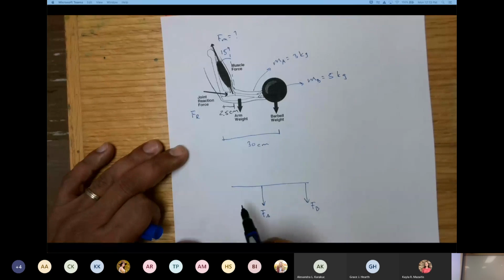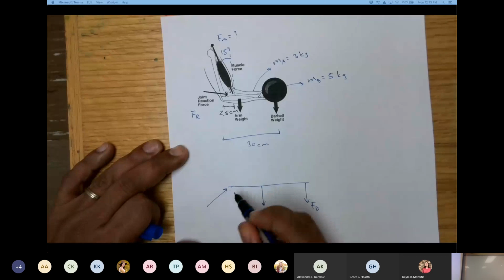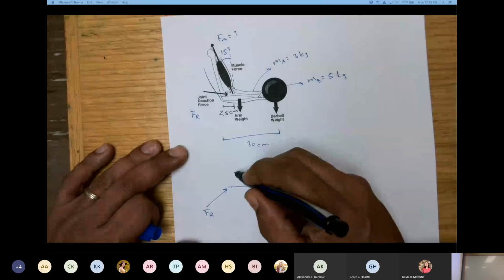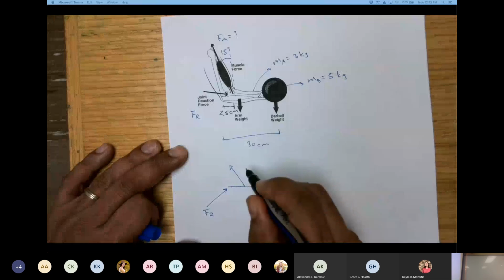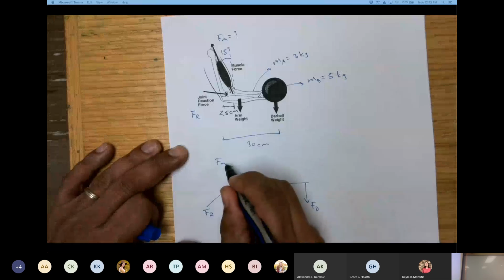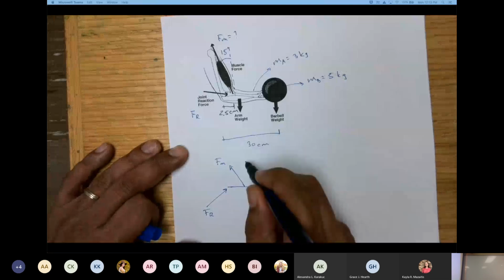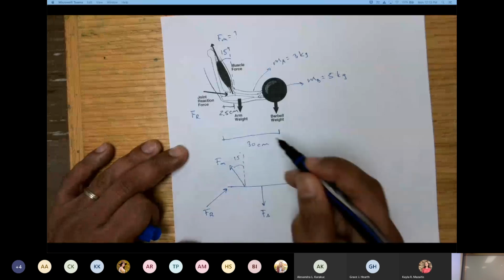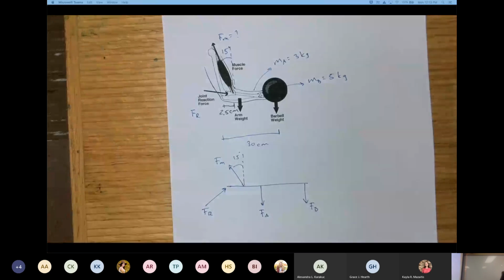I'm gonna have the reaction forces here, and I'm gonna have the force of the muscle somewhere around here. So this is the force of the muscle, and this is gonna be the 15 degrees.